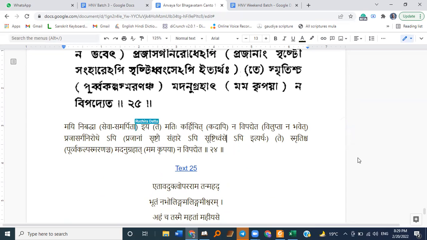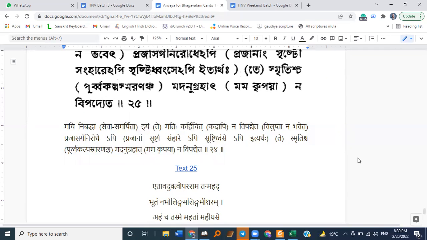Vilupta means you will never lose it, or it won't be lost at any point of time. Even praja sarga nirodhe api, even if there is annihilation of this creation, even then your smriti, your remembrance of Purva Kalpa Smarana, of your previous life, of previous Kalpa, will remain by my mercy. It won't be obstructed. Na vipadyeta. Iti artha.